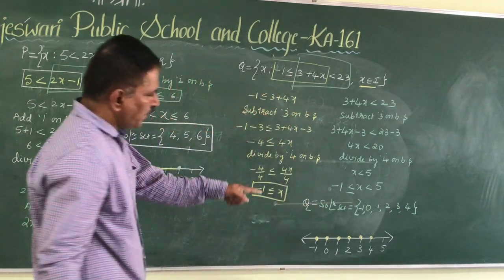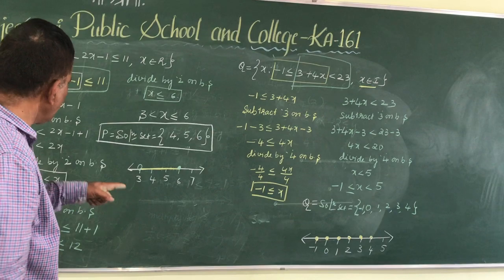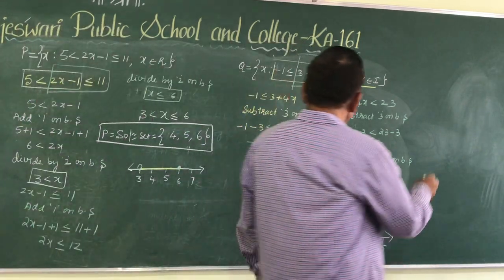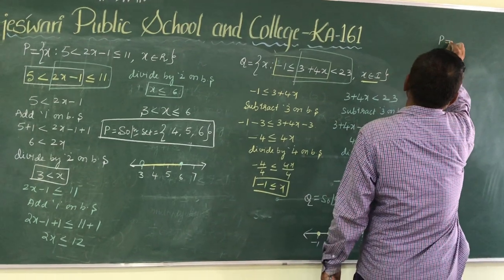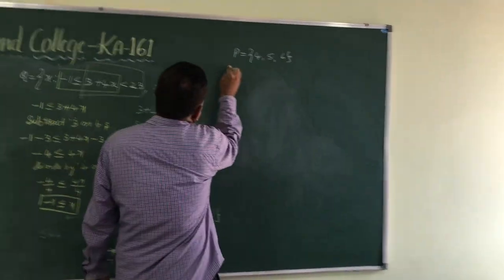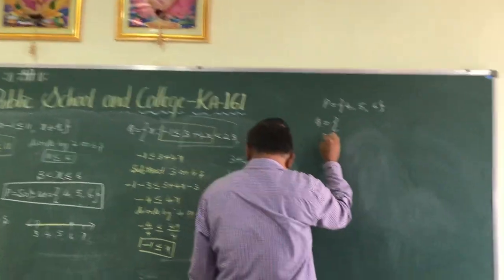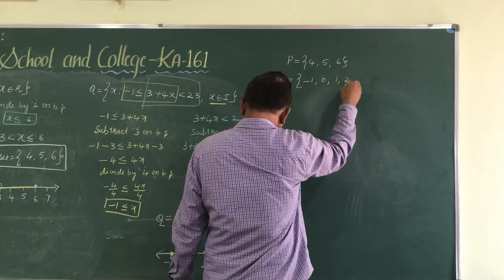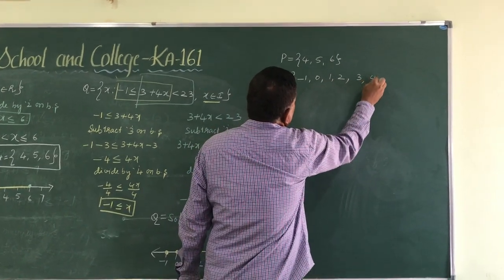So q is what? Minus 1, 0, 1, 2, 3, 4, and p is what? 4, 5, and 6. So what is p? We got p is equal to what? 4, 5, 6, as well as q is equal to what we got? We got minus 1, 0, 1, 2, 3 as well as 4.